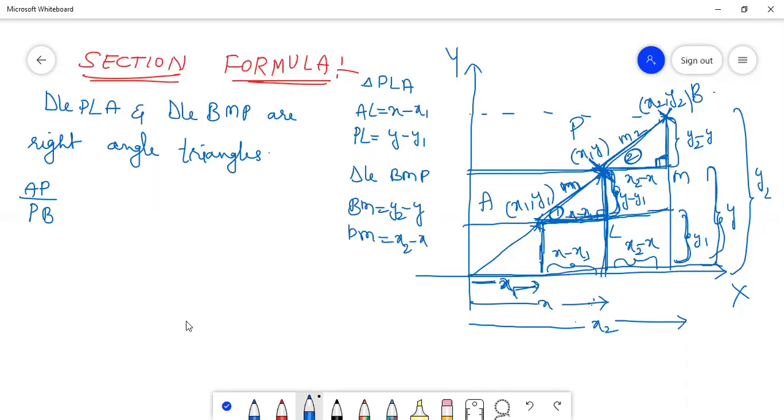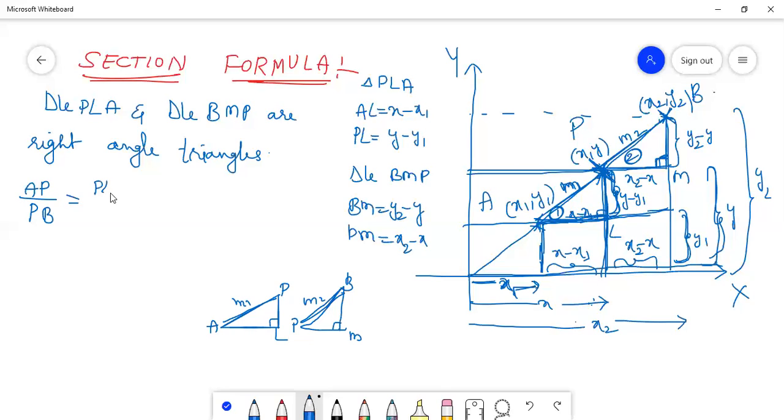Here we are taking two right triangles, A, P, L and P, B, M. This side is proportional to this side, because the angles are equal.